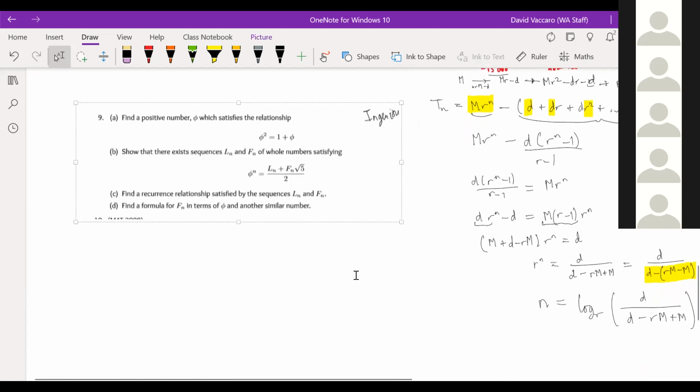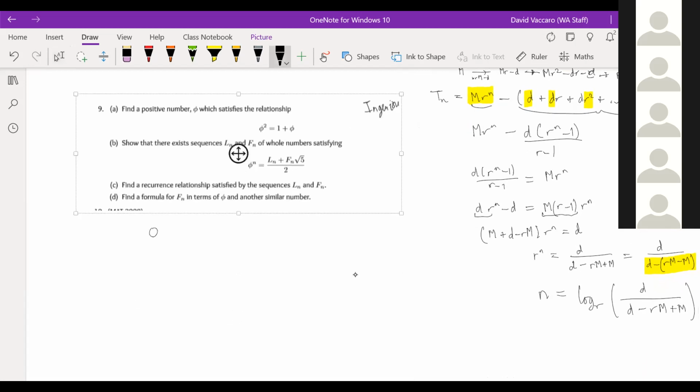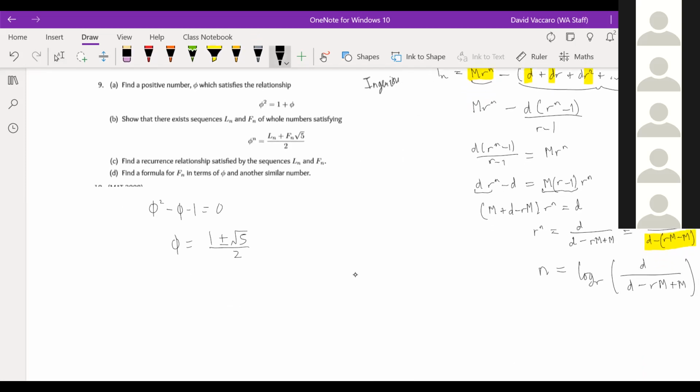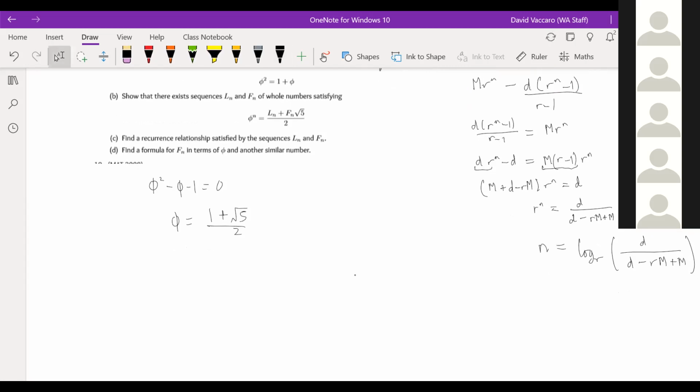Okay, so find a positive number phi which satisfies the relationship phi squared equals phi plus 1. So we can solve the quadratic equation, and the positive root of the quadratic will be 1 plus root 5 over 2. Okay, now what do we know?